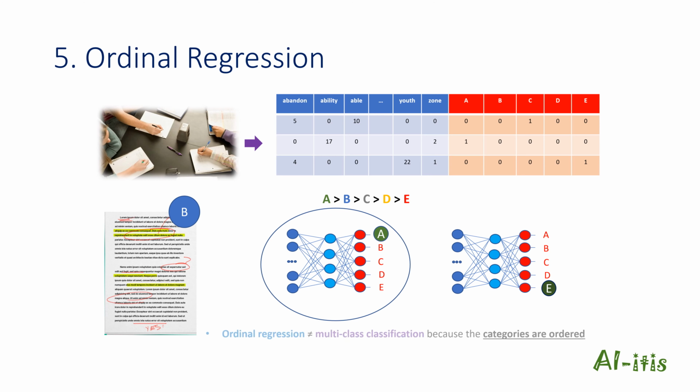So to wrap it up, ordinal regression is different from multiclass classification since the classes are ordered. Also, the ordinal regression task is different from a regression task since in ordinal regression, the output is discrete and finite.